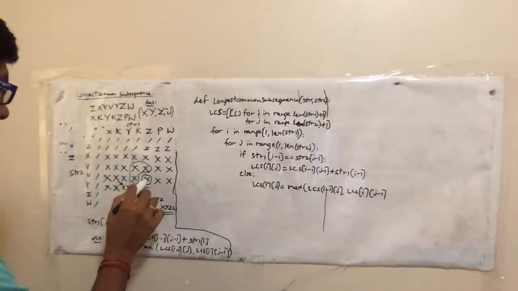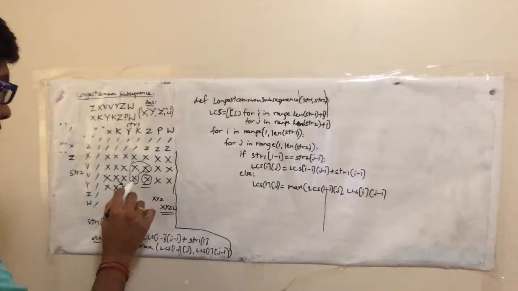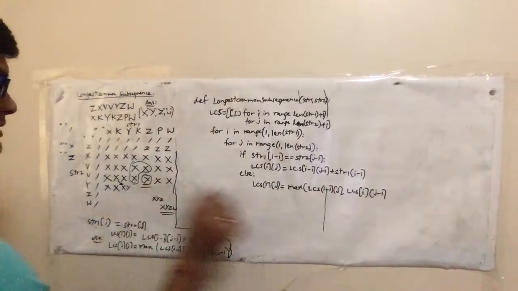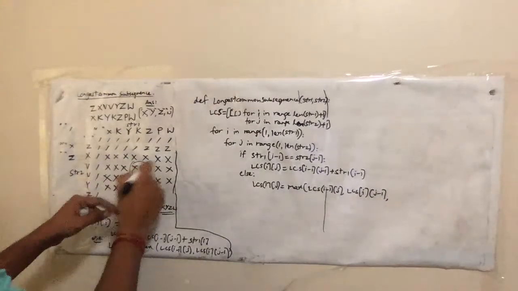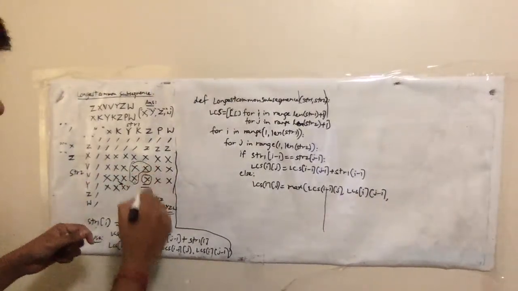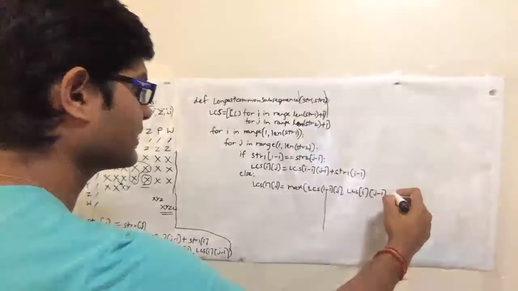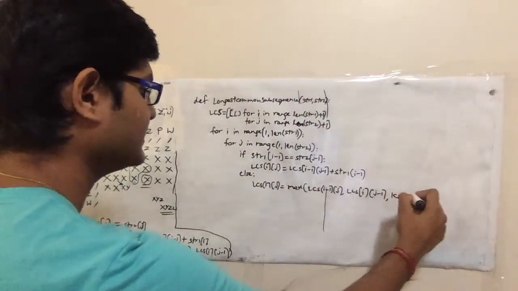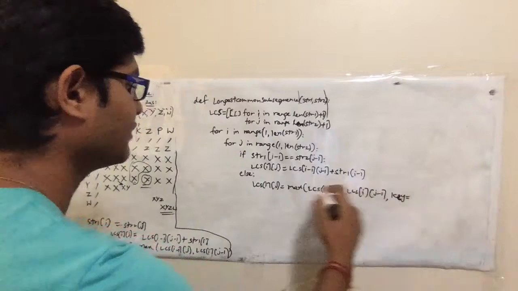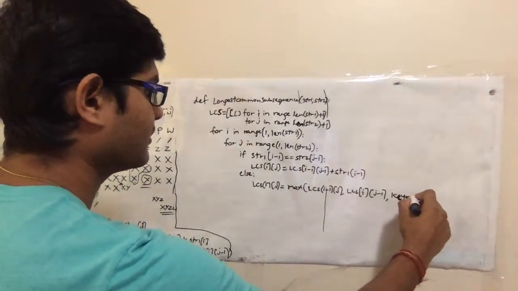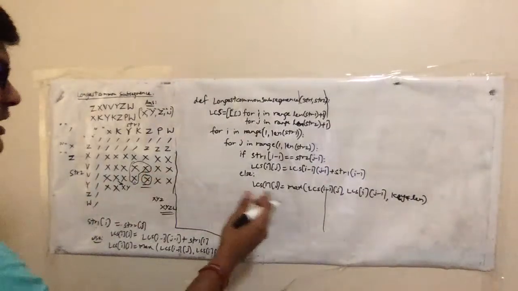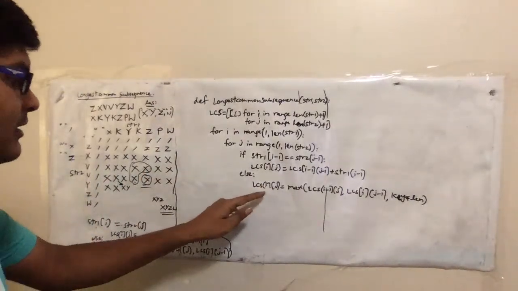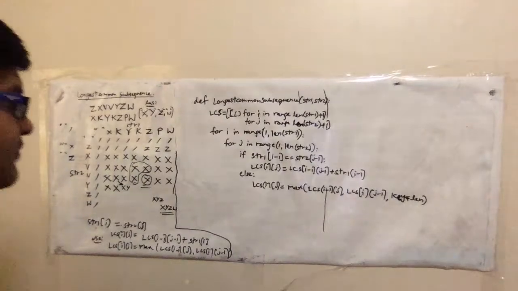Python's max lets us give key equal to len, so it will take whichever is bigger and put it in the LCS of i, j.